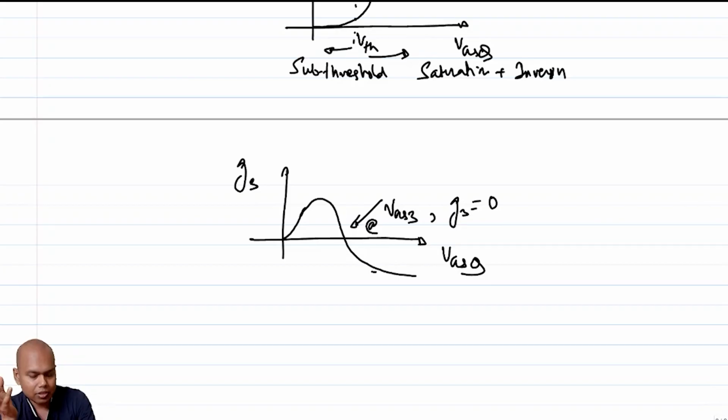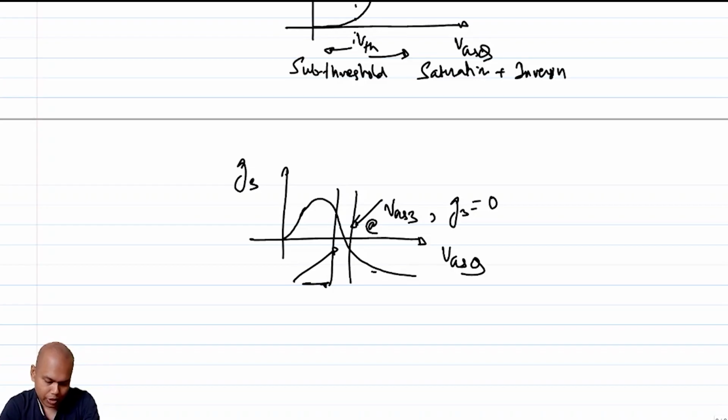The value of this point VGS3 can vary based on your biasing, based on the devices and so on. But the key thing to note is that in a MOSFET, you are going to find a point, a VGSQ, where the G3 term effectively goes to 0. And this will be somewhere at the borderline of subthreshold and inversion, so somewhere around the weak inversion regime.